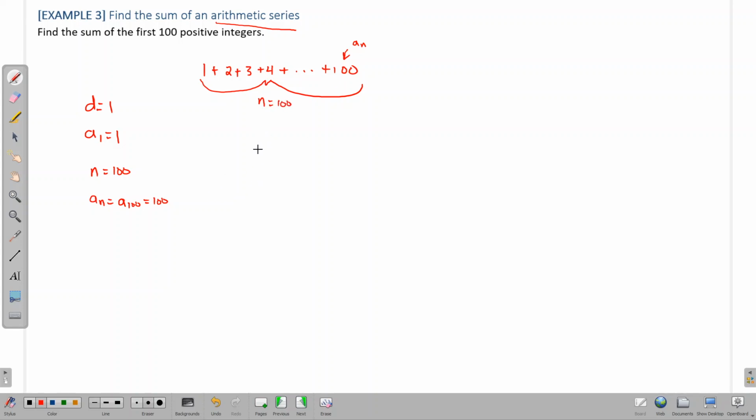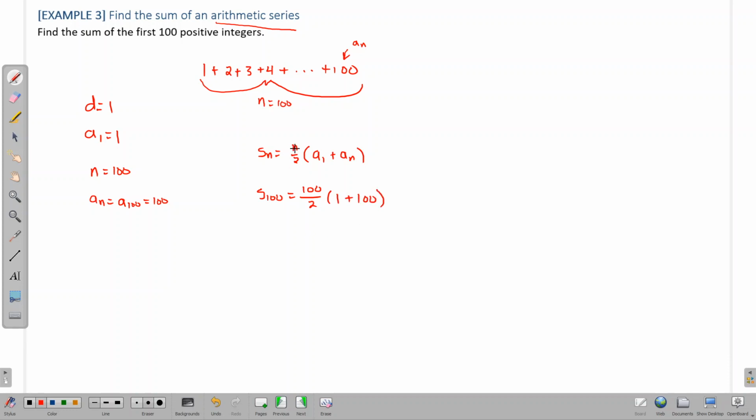Okay, so we could use the easier formula if we wanted to. Let's write that one out. So S sub n was n over 2 multiplied by a1 plus a sub n. In this case, that's S100 equals 100 divided by 2 times 1 plus 100.